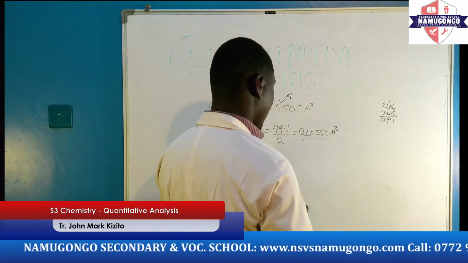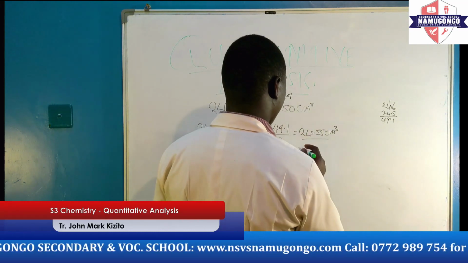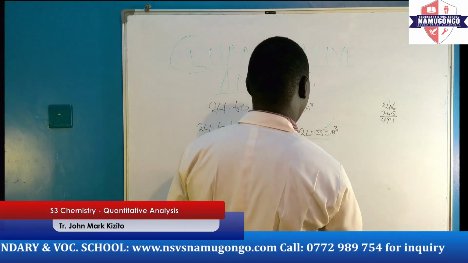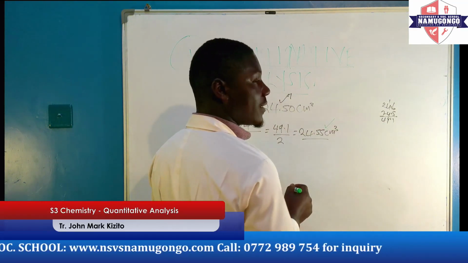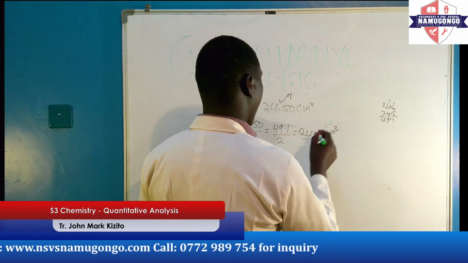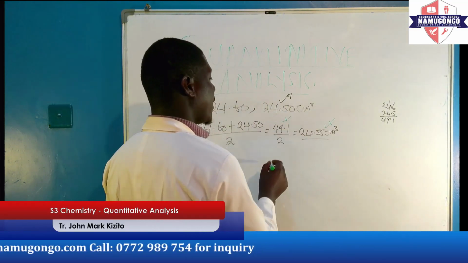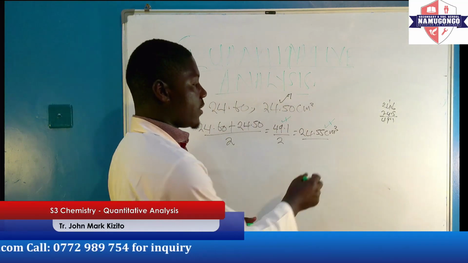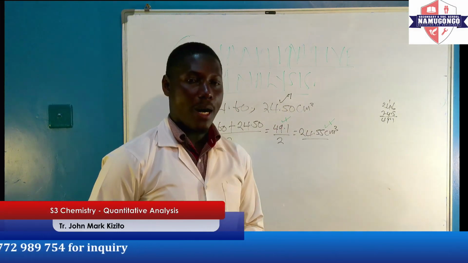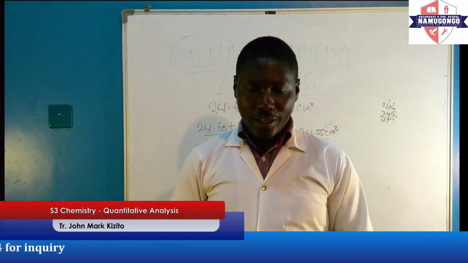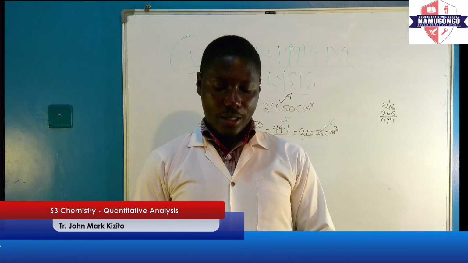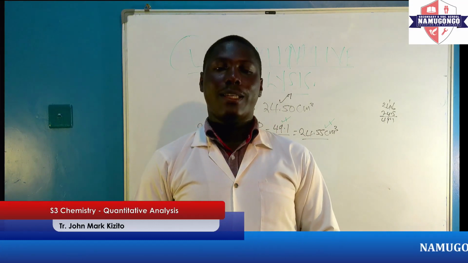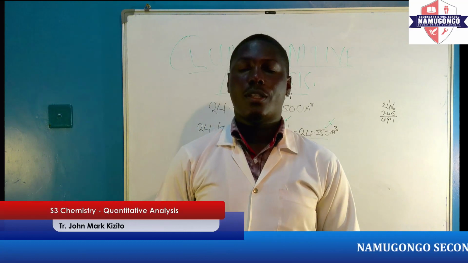Once you have this answer, it earns you another full mark. But this full mark is awarded when you show that you have divided by 2 to finally get the final 1 mark.